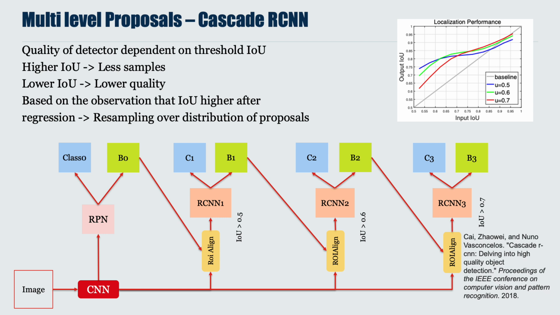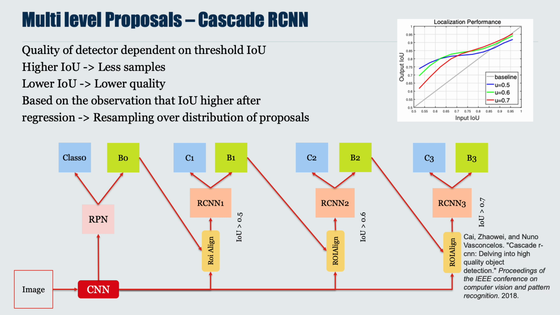The third slight variation around the same idea of multi-stage detection and classification is a multi-level proposal, which is called Cascade RCNN, and it comes from the observation that the quality of the detector, which is what your RPN is doing, is highly dependent on the threshold you are putting on the intersection over union that defines if a box is negative or positive, or if it should actually be associated to a ground truth.